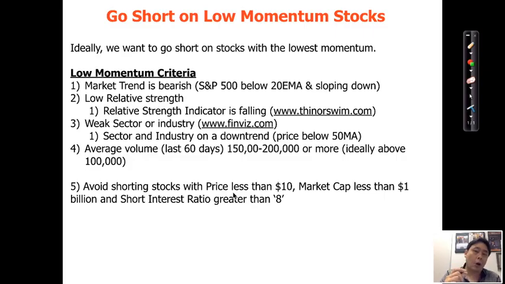Because stocks that are above $10, like 20 or 50 bucks, don't have a very high chance of doubling or tripling easily, okay? But if you short very low price stocks like a $1 stock, penny stocks, these stocks can double or triple overnight. So it's very risky to trade low price stocks, right? Do not trade stocks below $10. Do not short stocks with market cap below $1 billion.